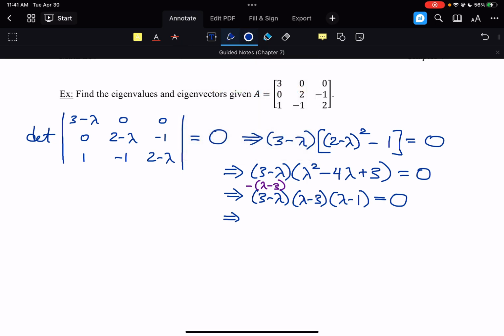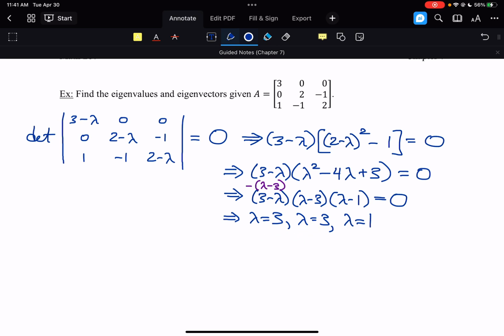So it would be the same thing as this one. So this gives us lambda equals 3, lambda equals 3, and lambda equals 1. So we had the lambda equals 3 show up twice, and that's okay.